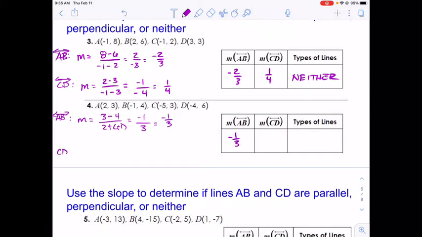And then for line CD, our slope becomes 2 minus 3 over negative 1 minus 3. Negative 1, this becomes a negative 4.